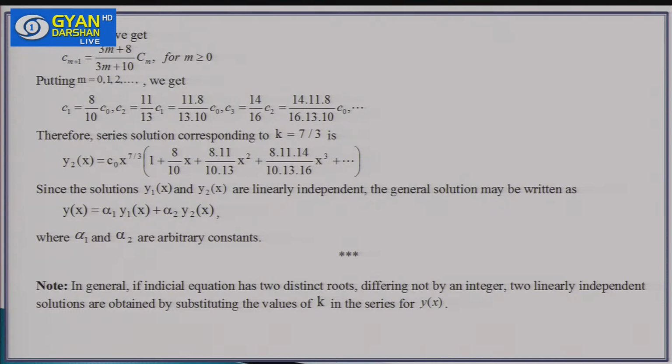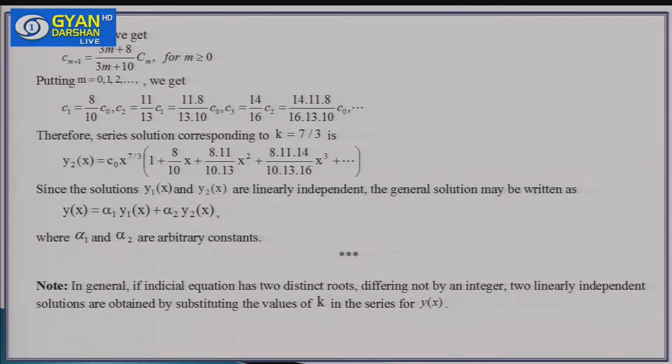You can see previously we were getting two coefficients, c0 and c1, but here you have only c0. Then another condition I forgot to mention, that c0 is always non-zero.